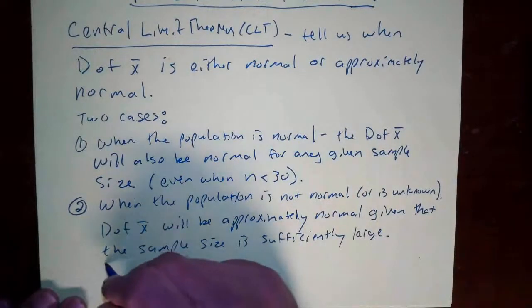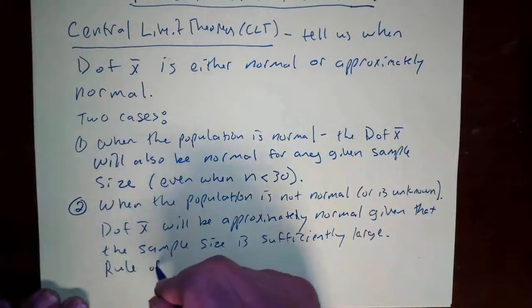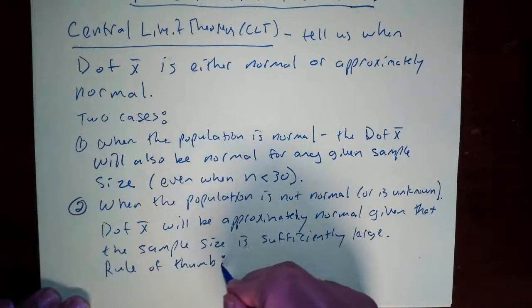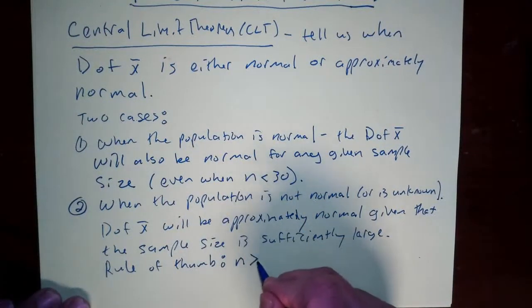And our rule of thumb is n greater than or equal to 30.